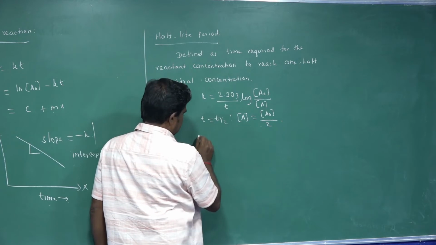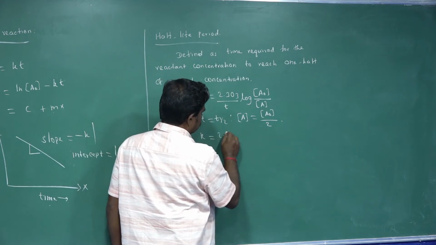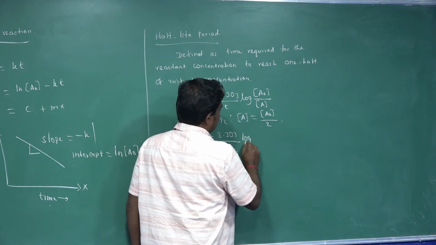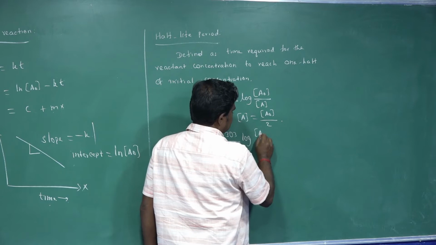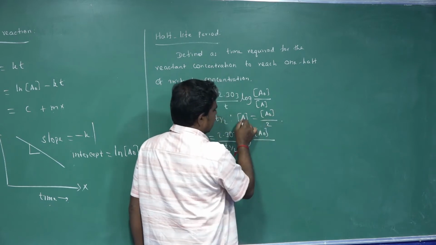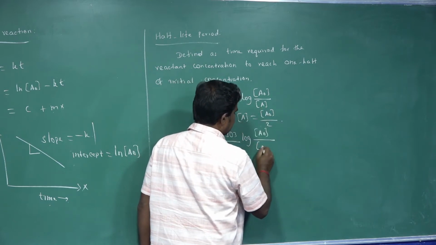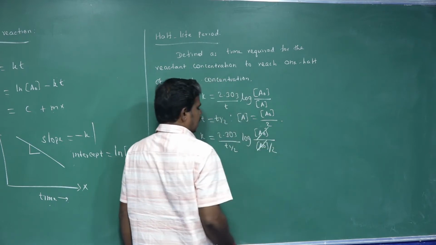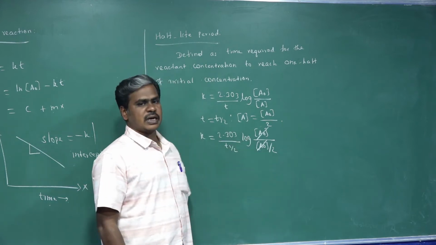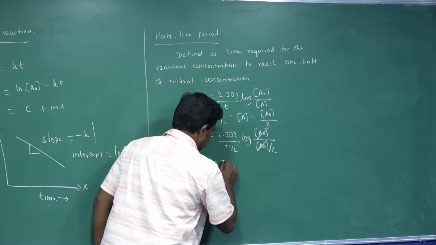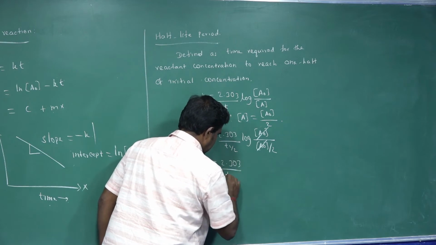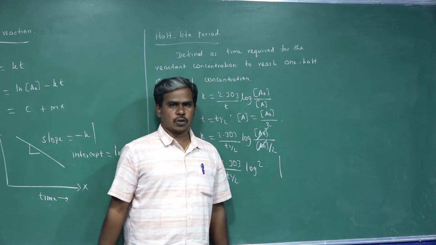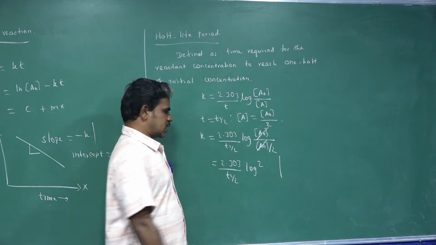So we may substitute: k is equal to 2.303 by t½ of log [A]₀ divided by [A]₀ by 2. So [A]₀ cancels, and we get log 2. So it is 2.303 by t½ of log 2. You know that the log 2 value is 0.3010.